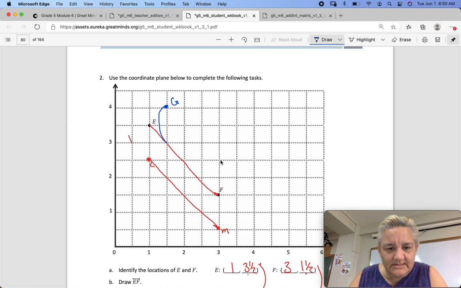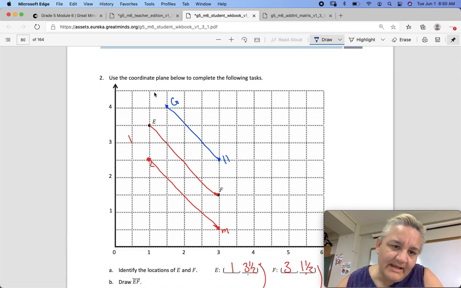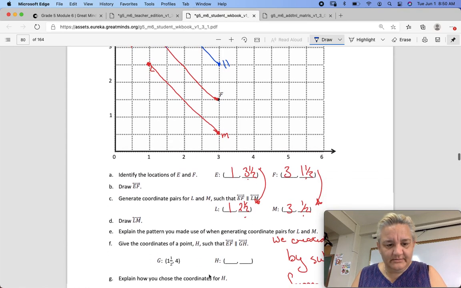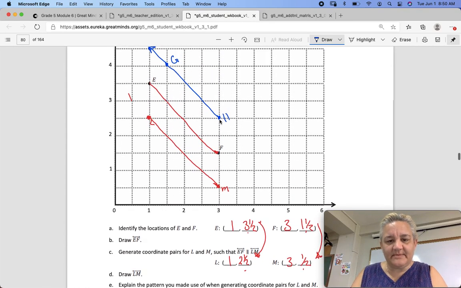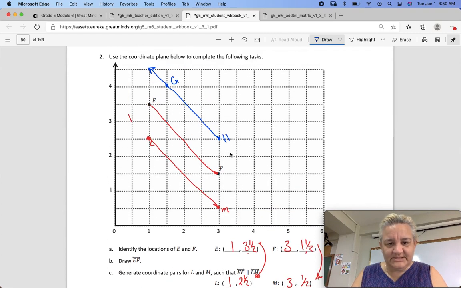That's a whole. So let's put this one right here. And then they connected GH, and they made that parallel as well. If we wanted to go all the way up there, we could. So those lines continue. So H can be anything we want along that line, but we're going to make it right here. We're going to call that 3 and 2.5. 3 is the x-coordinate, 2.5 is the y-coordinate. And now EF is parallel to GH.